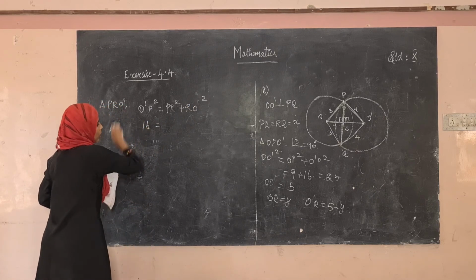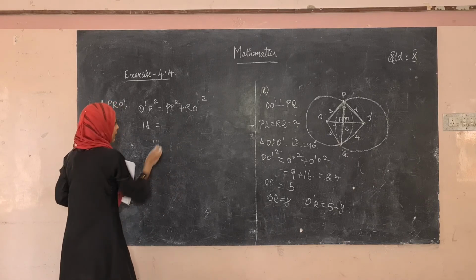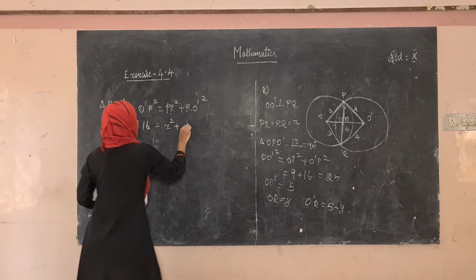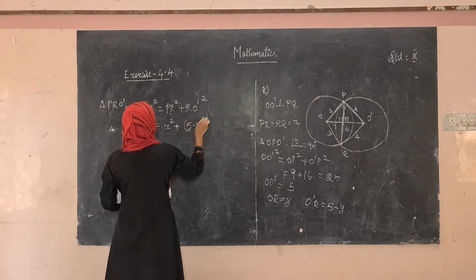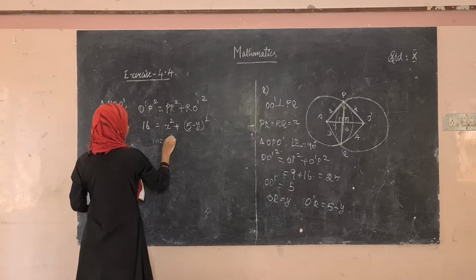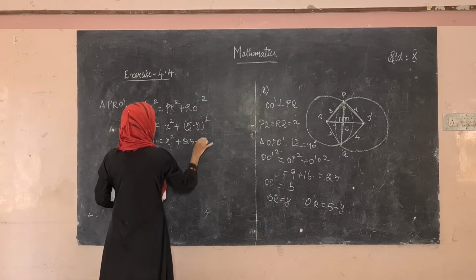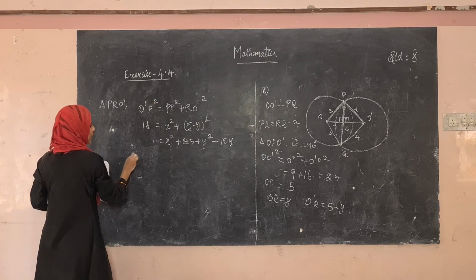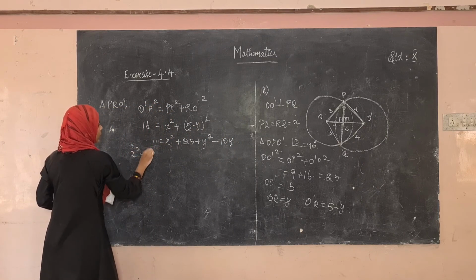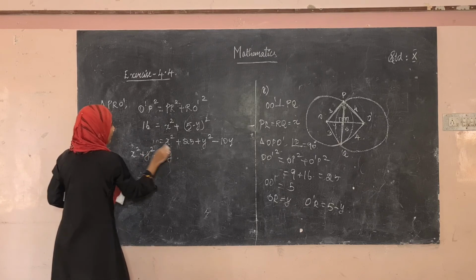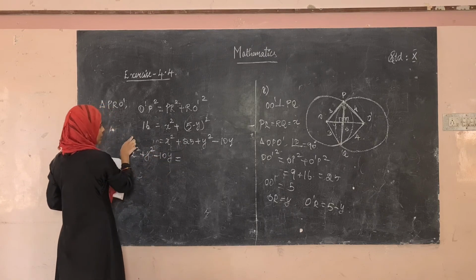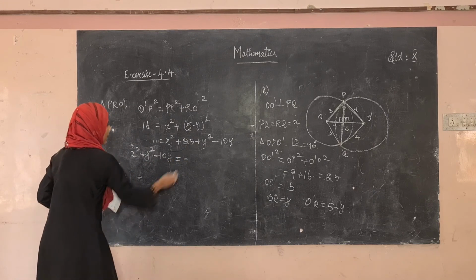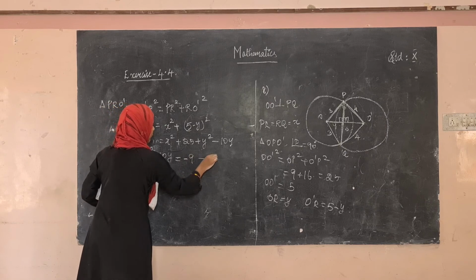It is 16. What is PR? PR is X, therefore X square plus what is RO dash? RO dash is 5 minus Y the whole square, which is equal to X square plus 25 plus Y square minus 10Y. So X square plus Y square minus 10Y equal to, bringing this side, minus of 25 minus 16 is minus 9. Let this be the first equation.